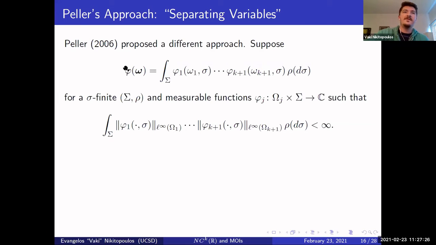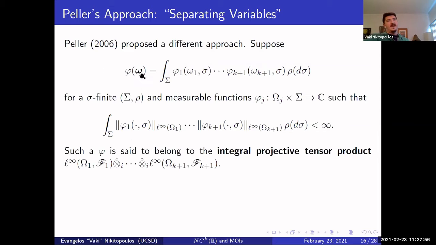I'm going to suppose that phi is expressible as an integral of functions of one variable, one at a time. So I'm going to assume that there's a sigma finite measure space Sigma, and k plus 1 measurable functions on the product, so that the integral of all of their uniform norms is finite, and that phi is equal to this integral for all k plus 1 tuples omega equals (omega_1 through omega_{k+1}).